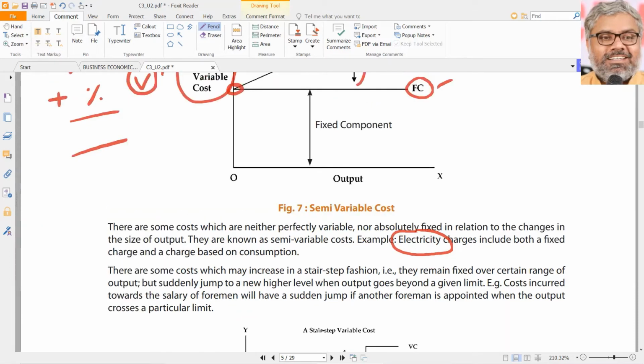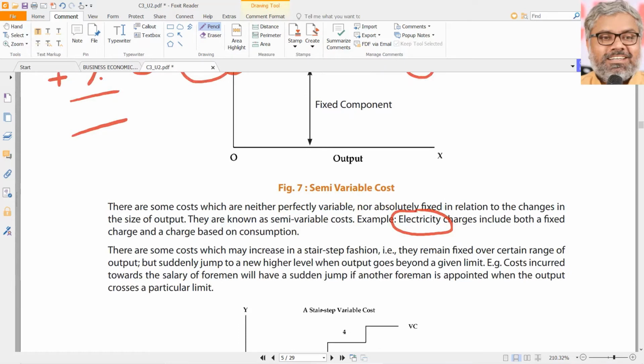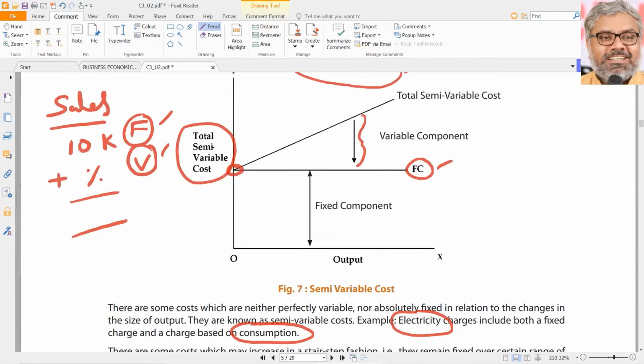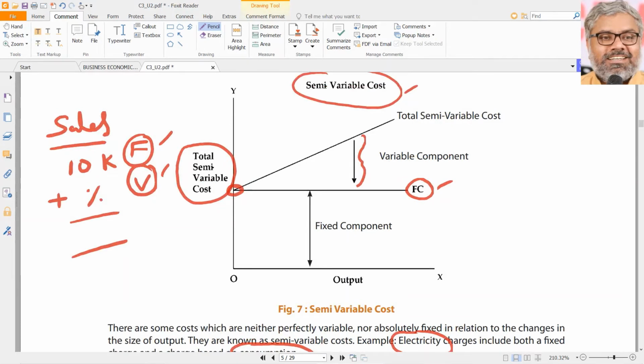That is fixed component of electricity charges. And there is another charge that is based on consumption. So if you consume more, you have to pay more bill. Consume less, you have to pay less bill. So once again, that is an example of semi-variable costs, wherein certain portion is fixed and certain portion is variable. So both of them put together, they will become semi-variable costs.